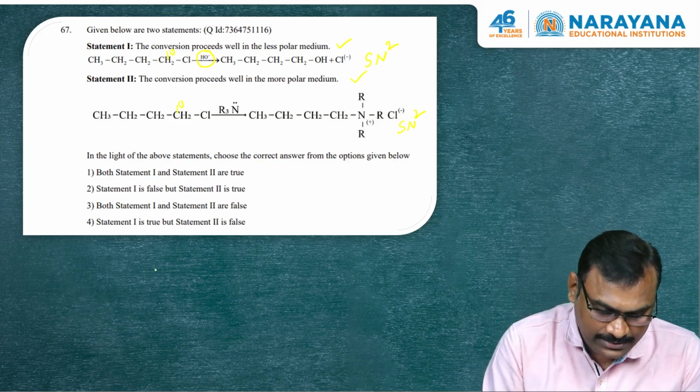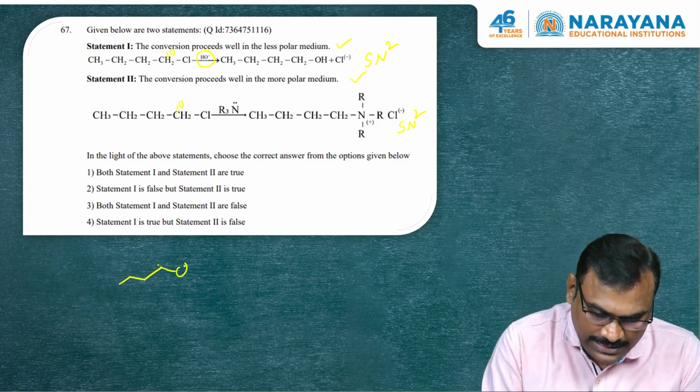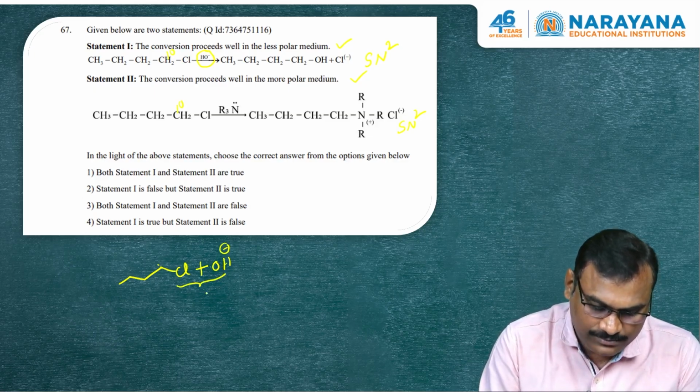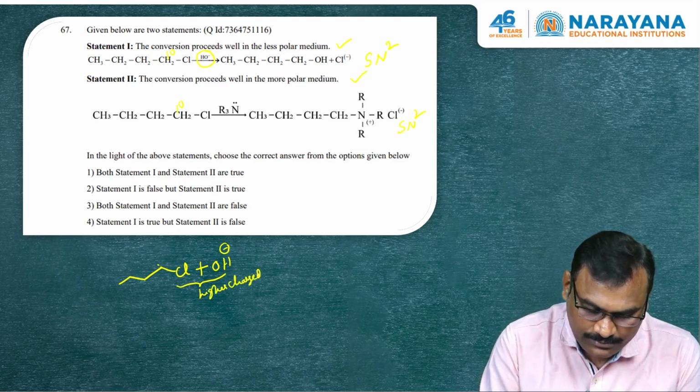You see here, N-butyl chloride plus OH minus. Here the reactants are highly charged.